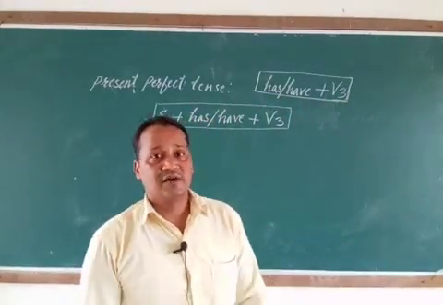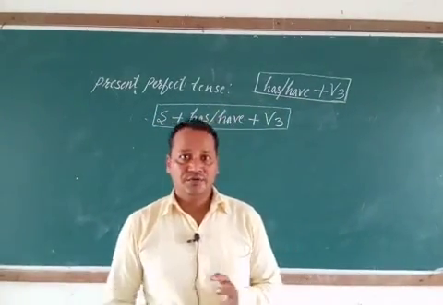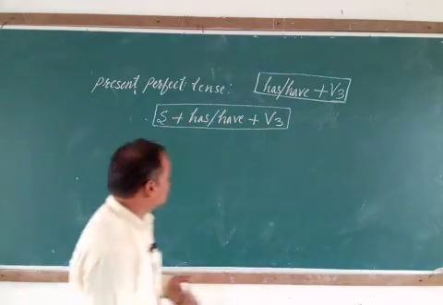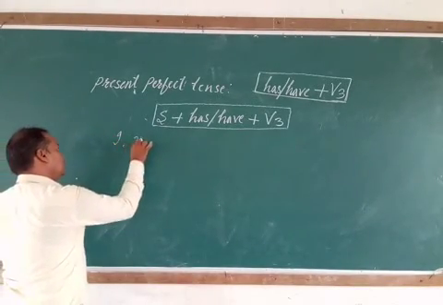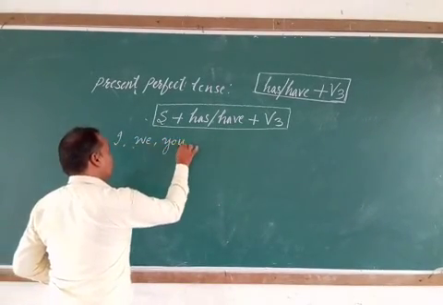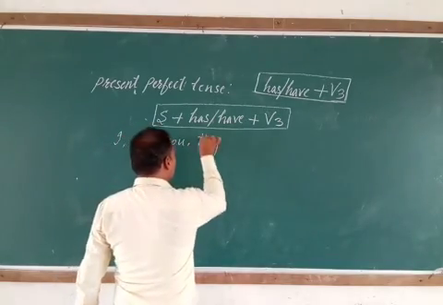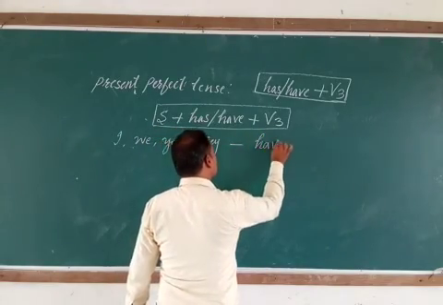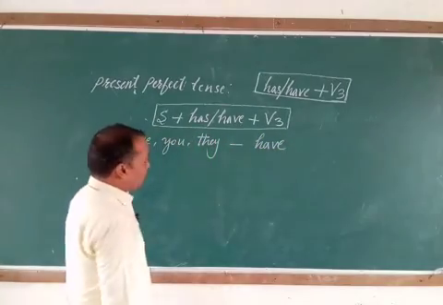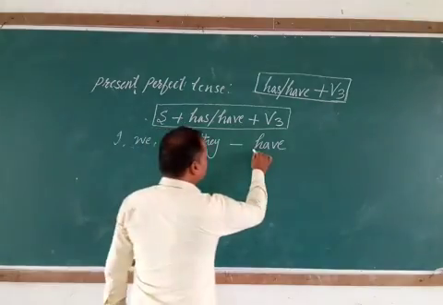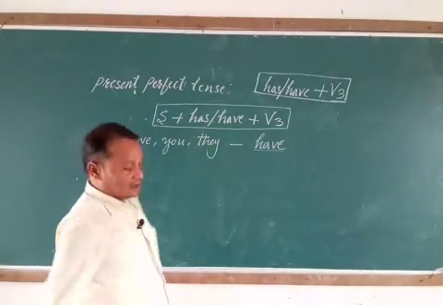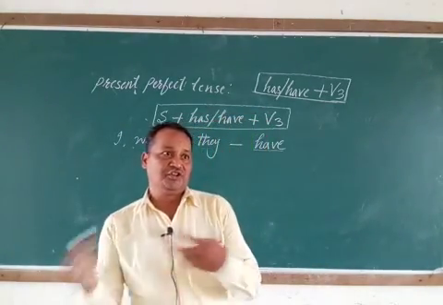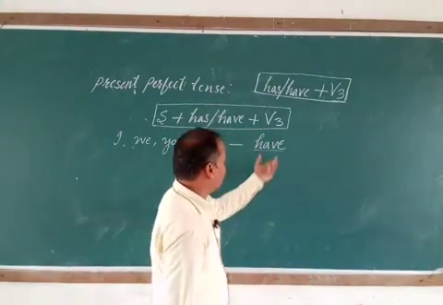If you have the subject I, we, you, they, or plural, we use have. If the subject is plural, if there are many people or many things, then we will use have.